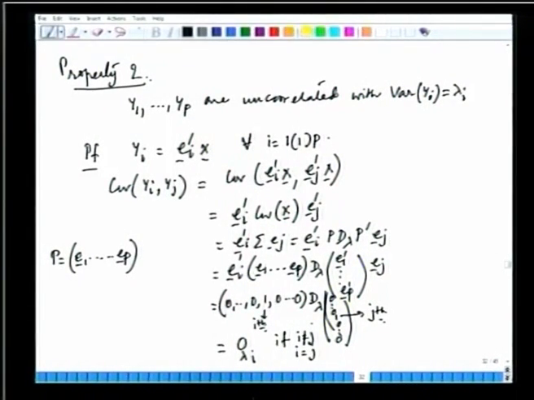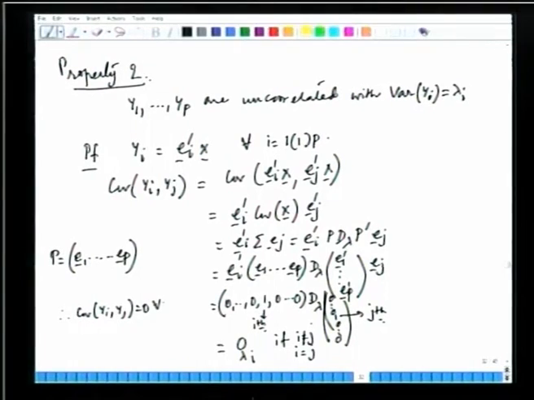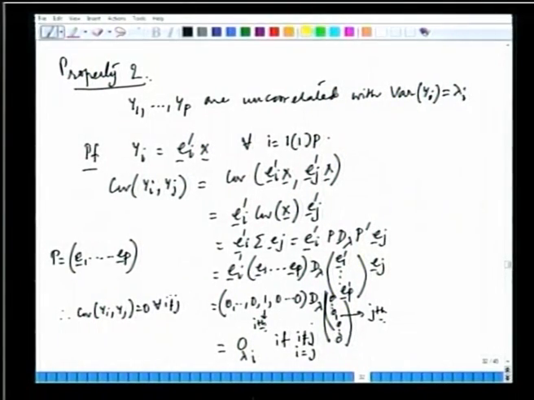So in one go I have been able to prove that the covariance of yi, yj is 0 for all i not equal to j, and the variance of yi, which is the covariance between yi and yi with itself, is equal to lambda i.